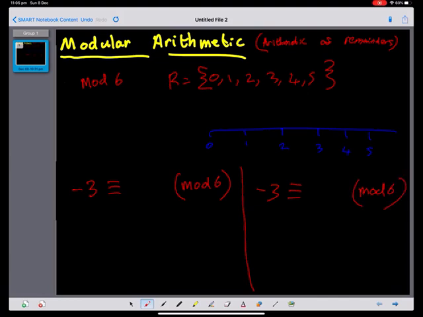So what can we subtract from -3 to get a multiple of 6? Well, let's start off with the first multiple of 6, which is 6. So -3 is congruent to 3 mod 6, and we can do that by -3 minus 3 is -6, and we're going to get a k of -1, and a 6, which is our n.